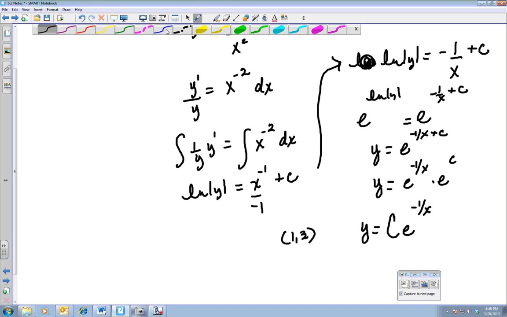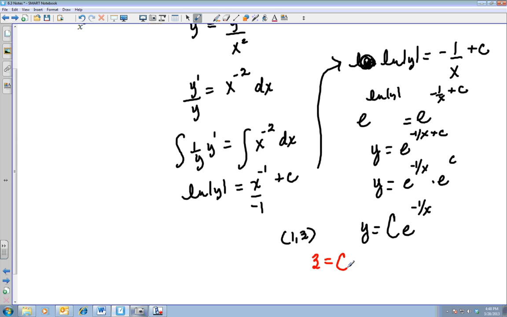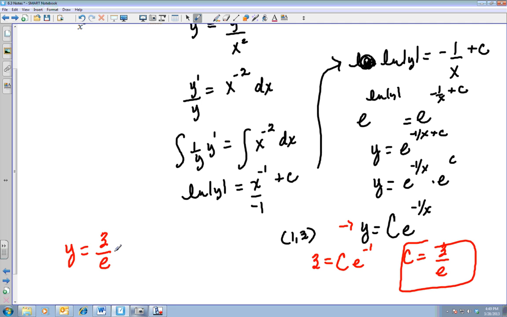Okay, so I'm going to plug in that point. y is 3. c e to the negative 1 over 1. So c is 3 over e. And then I'm going to take this and plug it into that equation. So my answer would be y equals 3 over e, because that's what c is, times e to the negative 1 over x. And that is your answer.